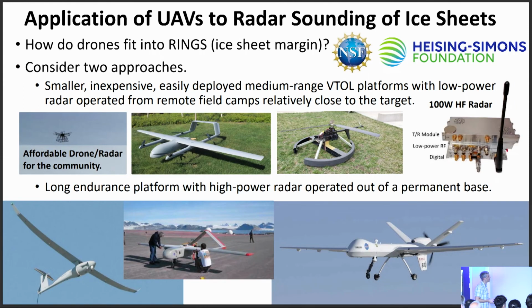A couple of potential ideas for this: going back to our small local scale, have a VTOL system that we can use at a remote field camp and operate with just a few people, or go to the other end, equipping some of these larger drones with high power radars and flying from a more permanent field base where we can transit a great distance.